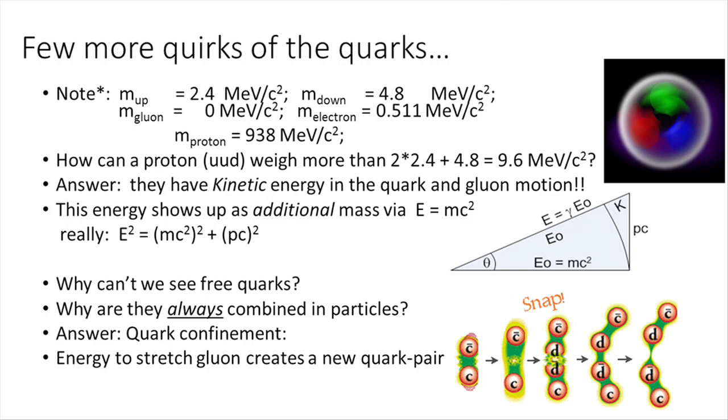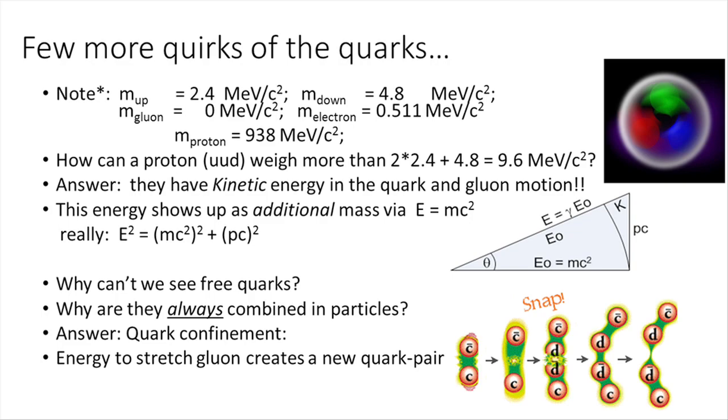Anyone see a problem with this? How can this thing here weigh more than twice this 9.6 MeV? What's going on, folks? Anybody have a clue? Well, that proton is really, really small, right? If I try to squeeze things into a really, really small space, what happens?